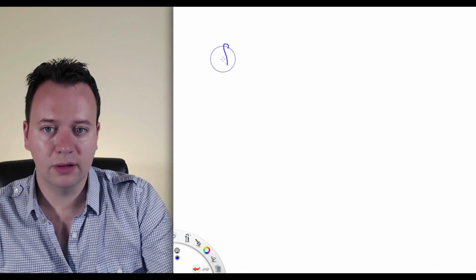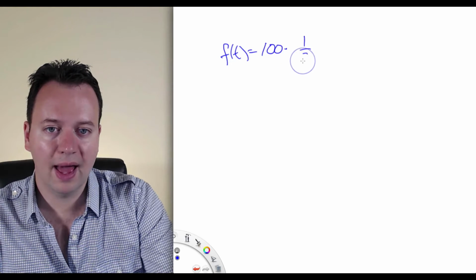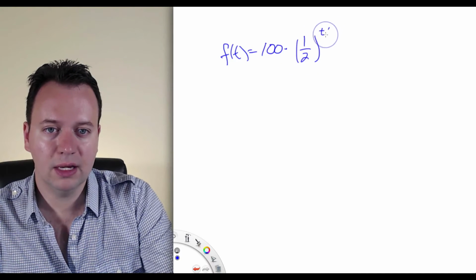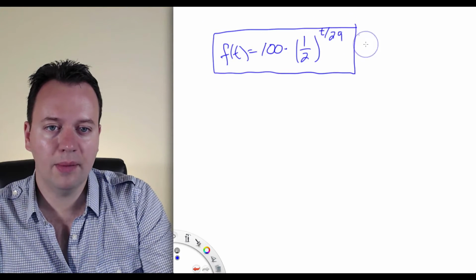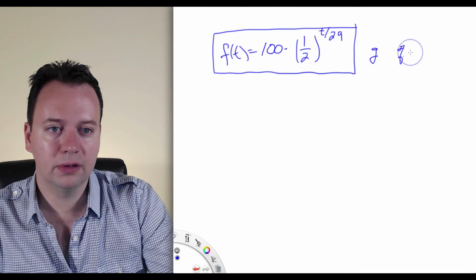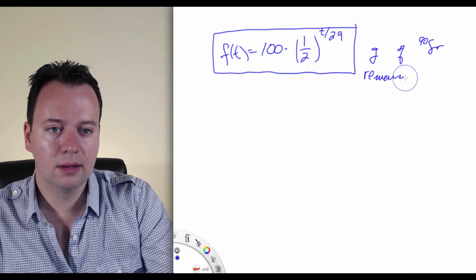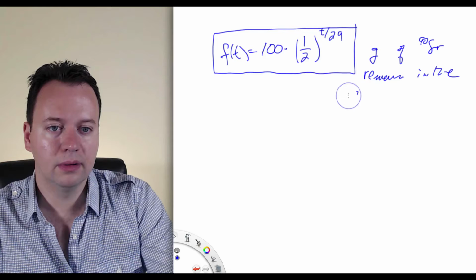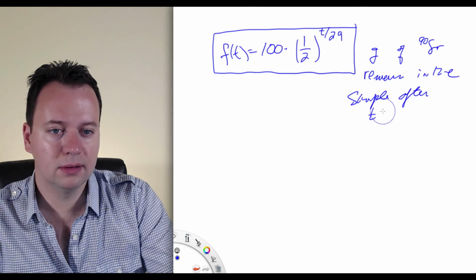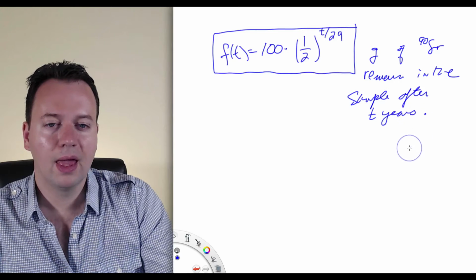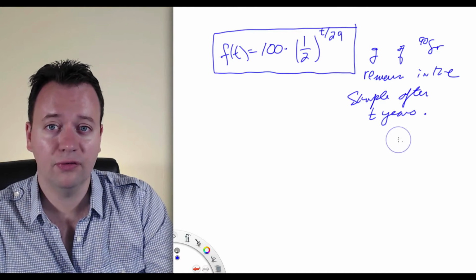So our function is 100 times 1/2 to the t over 29. This is how many grams of strontium-90 remain in the sample after t years. So to find out how many remain after 50 years, we just plug in 50 for t.